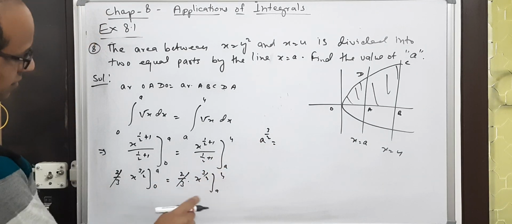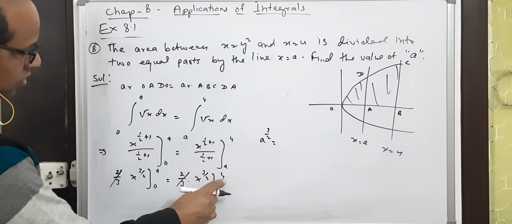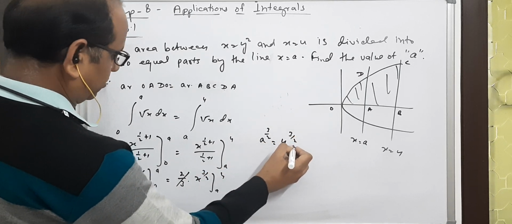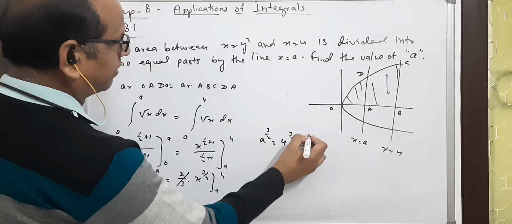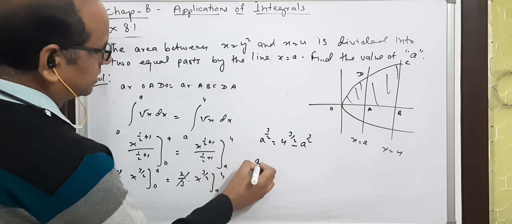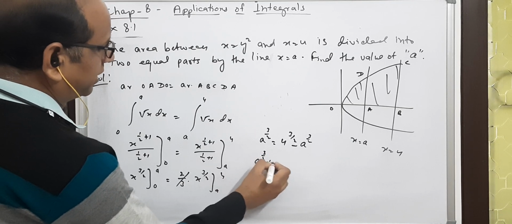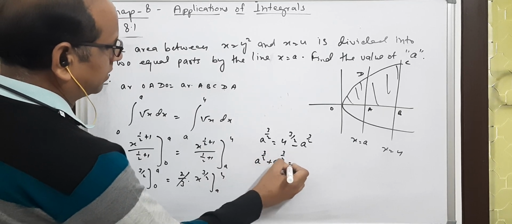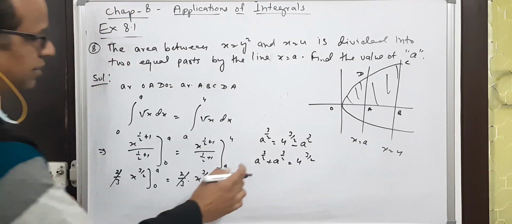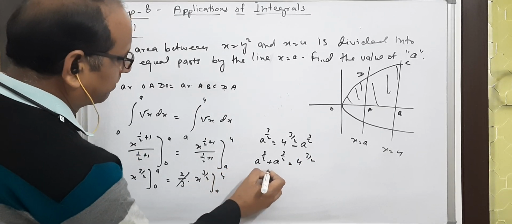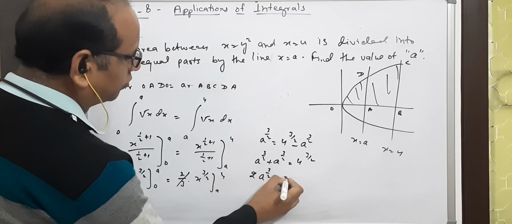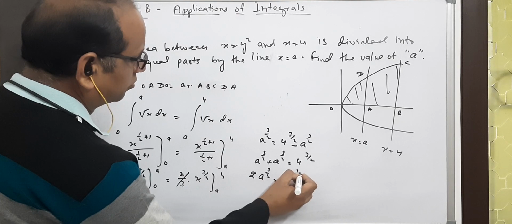This side, please see this now. 4 power 3 by 2 minus a power 3 by 2. Transfer this side. So it is a power 3 by 2 plus a power 3 by 2 and 4 power 3 by 2. Here it is 2a power 3 by 2. And 4 power 3 by 2 will be 2 power 2 into 3 by 2.